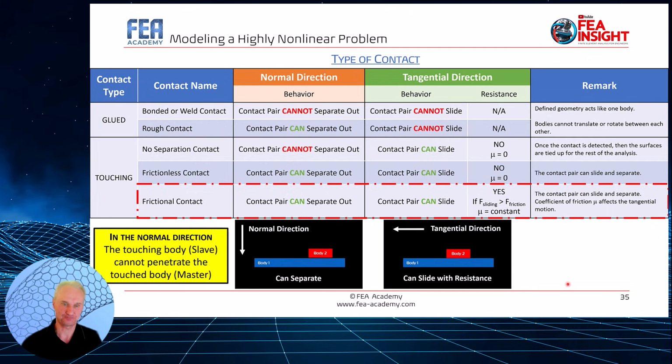The contact pair can slide and separate, and the coefficient of friction affects the tangential friction. Also, in the normal direction, the touching body, which is the slave body, cannot penetrate the touched body, the master body, but they can separate.